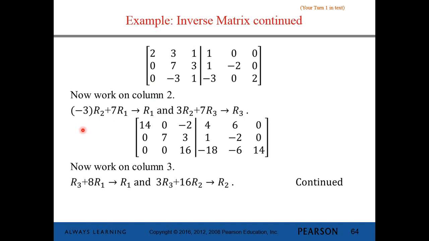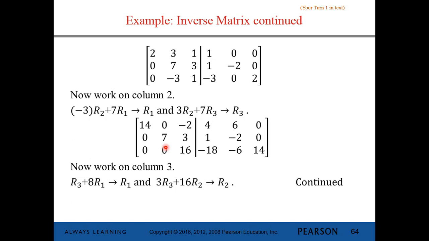The purpose of doing this is to get rid of this 3. Then we do the same thing with the third row: we multiply the second row by 3 and the third row by 7, and replace row 3 with the result. Now we get zeros here, and look how this is changing on this side as we get closer and closer to this being the identity matrix.